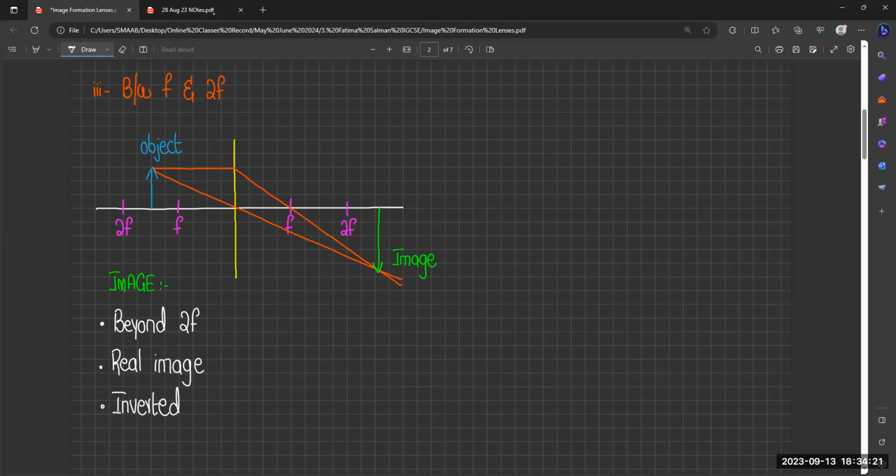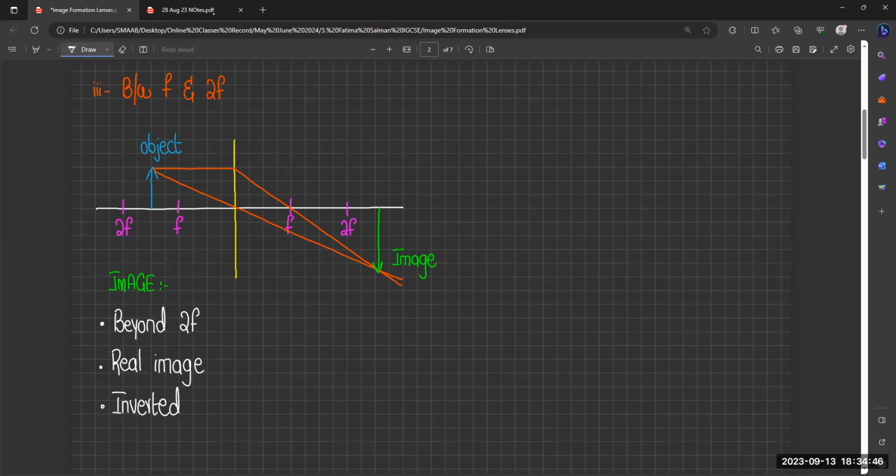And what will be the size of the image? Can you identify the size from the diagram? Is it greater, equal, less? Greater, because you can easily count the boxes. Your object is equal to 3 boxes, it is 3 boxes high from the principal axis.